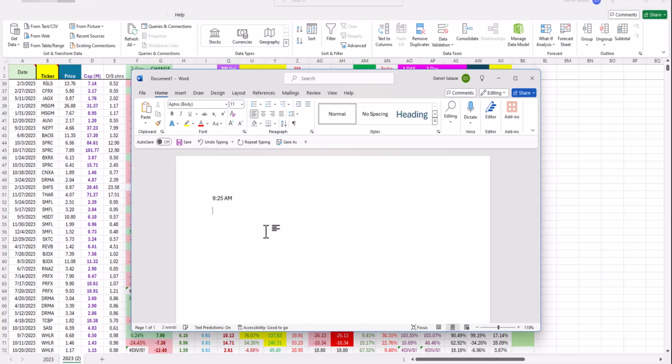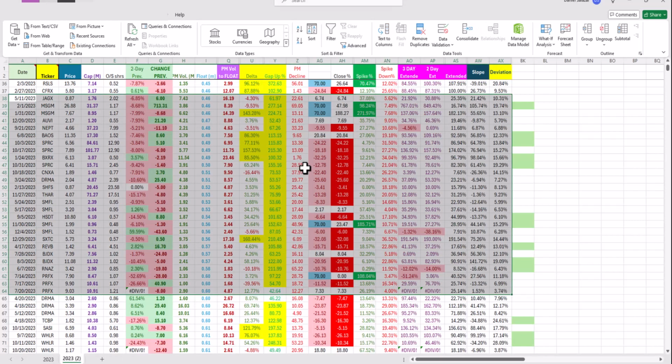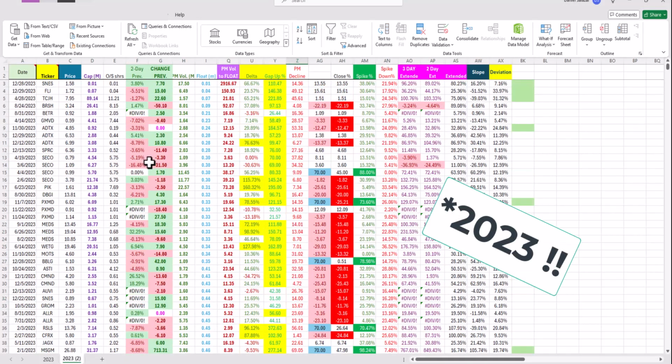At 9:25 a.m., it has at least 1 million shares traded, it could be any market cap, any float size, and then most importantly, it needs at least a 5% gap up. If it meets this criteria, I record it. So all of this information right here, it's for all of 2003.